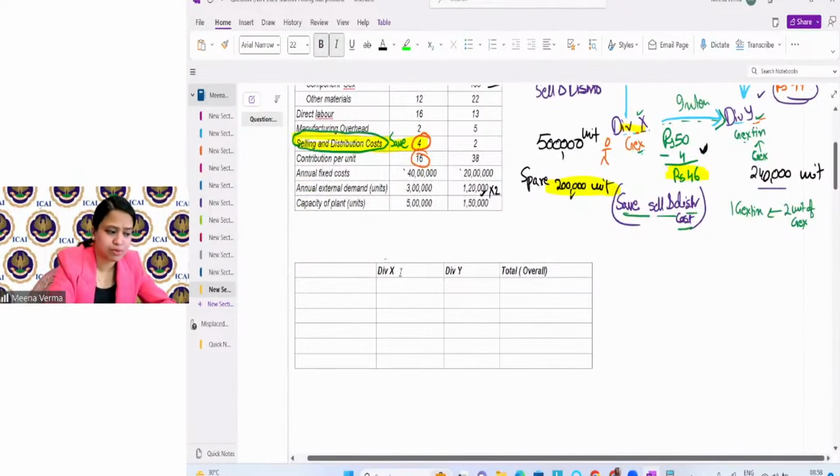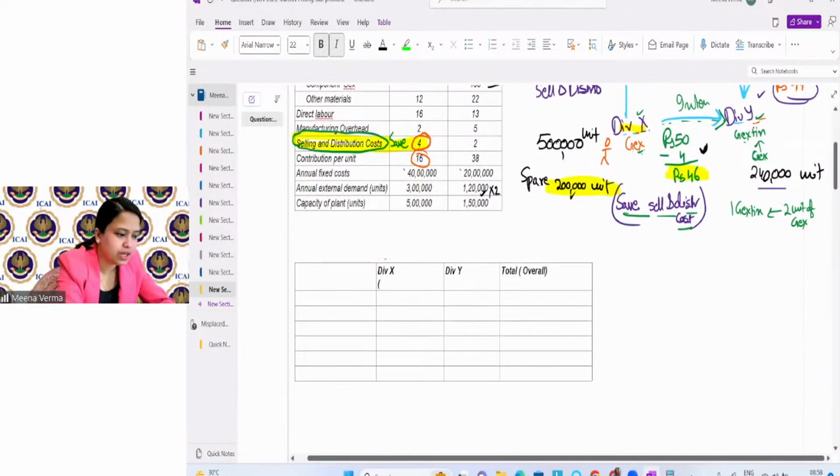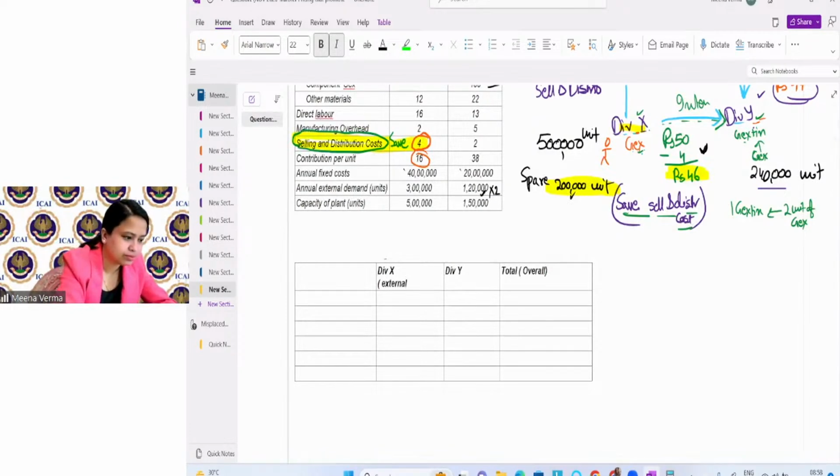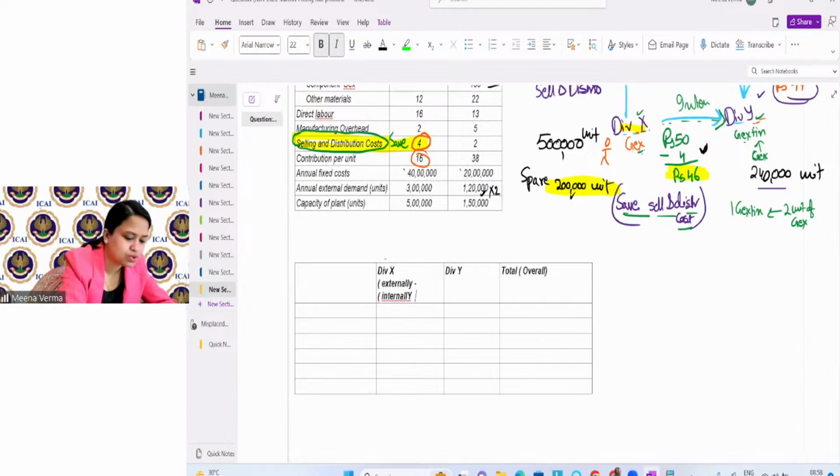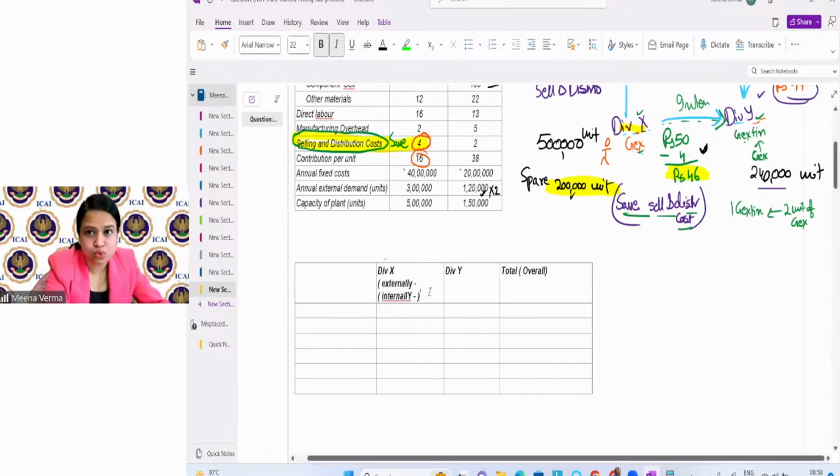You know that division X has two types of sale. They are selling externally and they are selling some goods internally. So they are generating revenue from two sources.